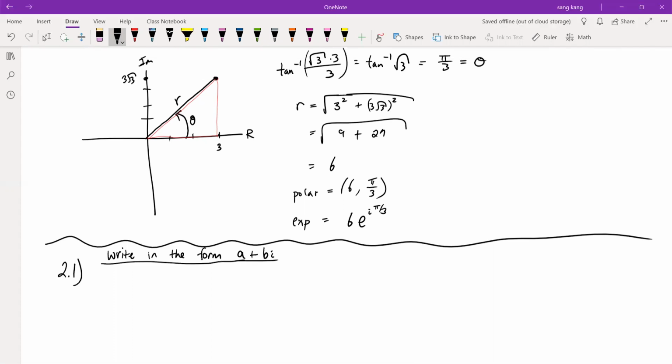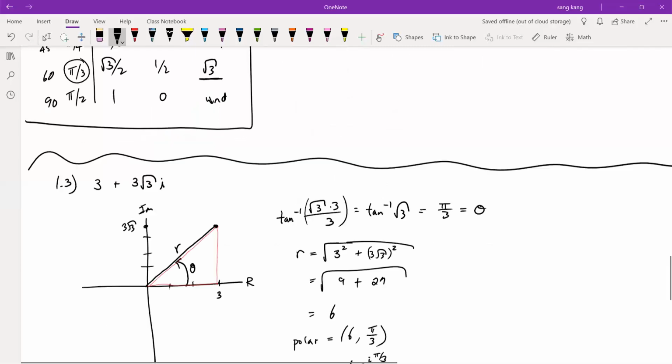We're given e to the i pi. Okay, so how do we go from this exponential form to this form here? Okay, so recall it's in the form r e to the i theta. So we know r equals 1 and theta equals pi, right? So that's what we can get right away from that.